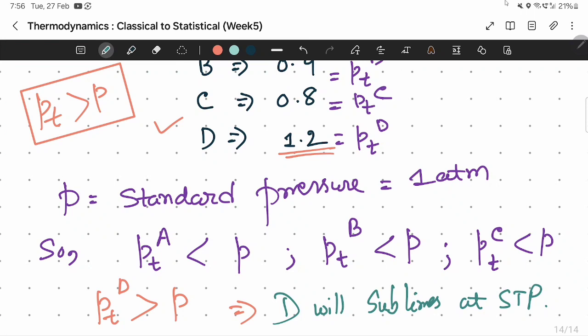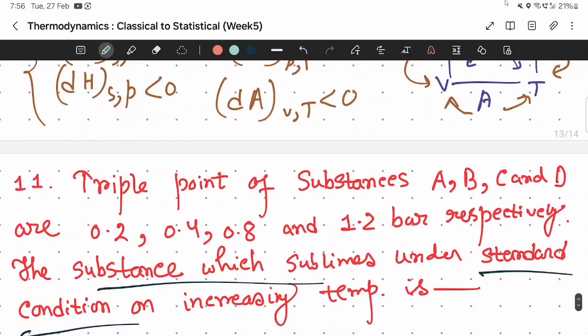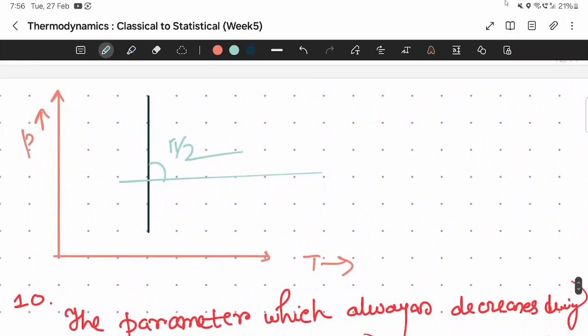So no question is left now. Two questions I intentionally did not solve in this class. One is question number four. In question number four, I have to look at it again. Probably there is some trick there. And question number eight, there is a dispute in units, so I have to fix it.